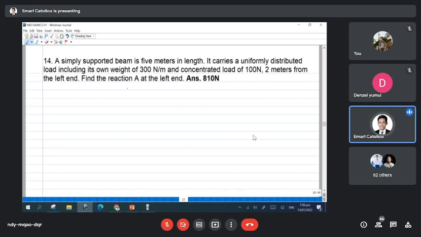So, maganda to. Gawan mo siya ng illustration. So, meron kang beam. Ano yung span niya? 5 meters in length. Okay. So, let's say ito yung ating beam.